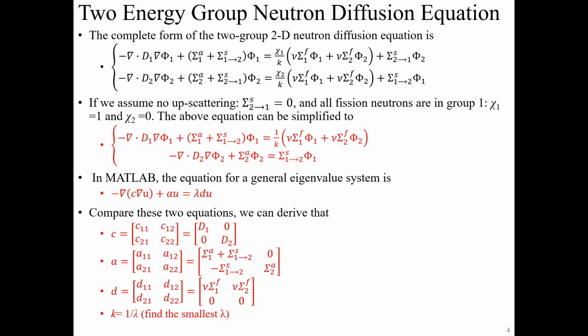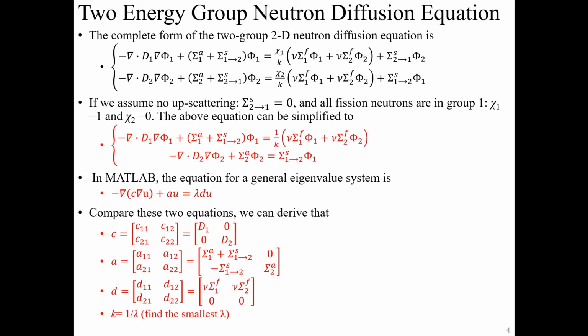Next, let's introduce the two-group neutron diffusion equation. So here we have this two-group neutron diffusion equation in two-dimensional geometry. You can see that both the cross-section and the neutron flux have a subscript.